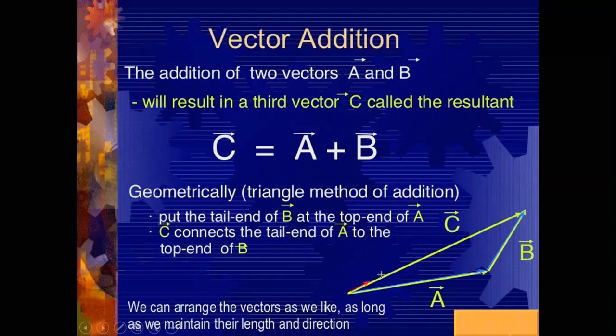This resultant vector, C vector, gives the sum of A vector and B vector. This is the triangle method of addition. Now we have to find the magnitude and direction.